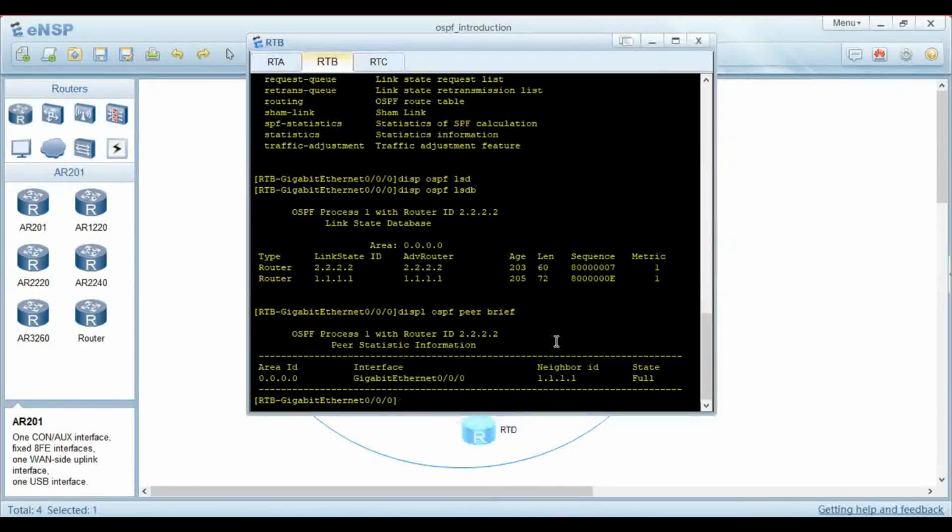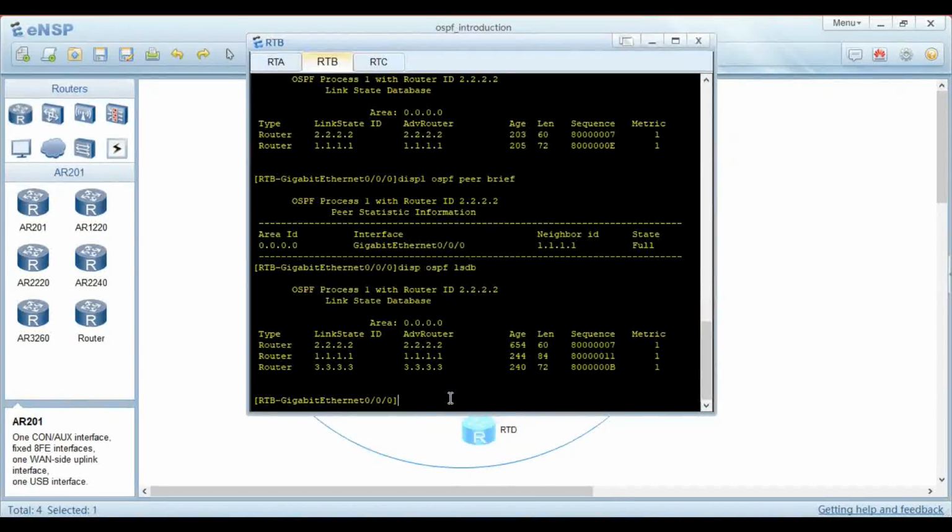So if now we display the LSDB, let's see how it changed. We had only two routers earlier. Now we have added a third router. Let's see whether it will reflect here. We can recall that command. You see, we have now three routers.